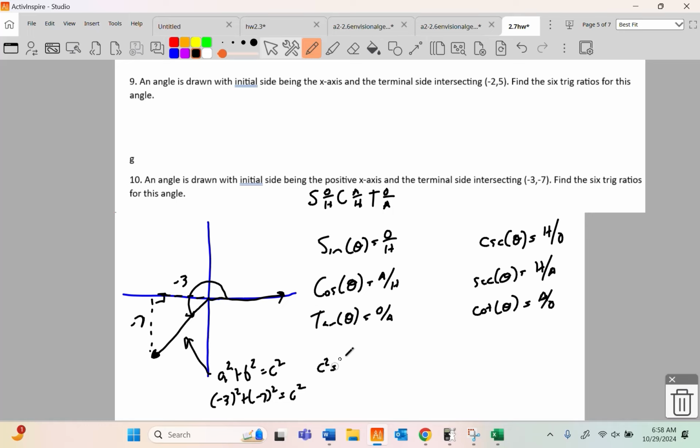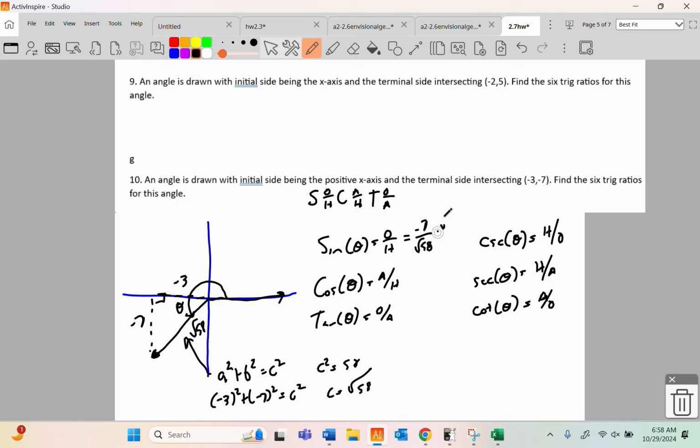So c squared is 58, which means c is the square root of 58, which does not simplify. But there is my hypotenuse, and the angle, by the way, is always in the corner. So opposite of theta is -7.